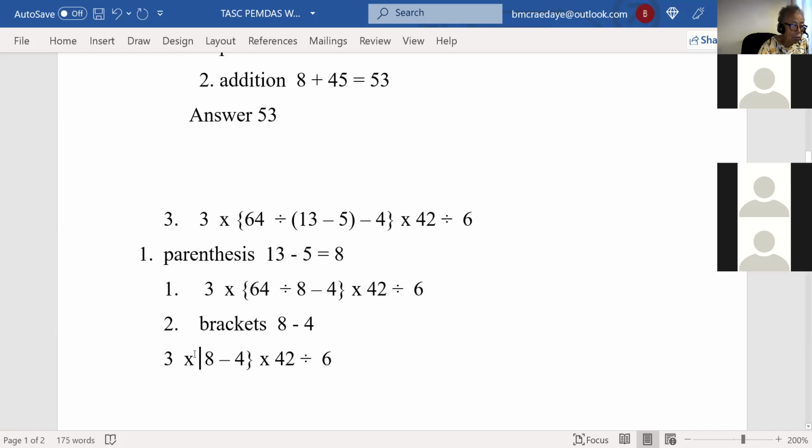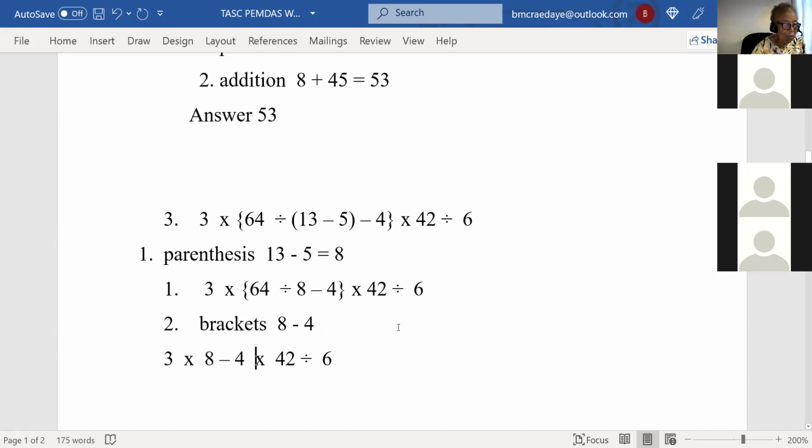So this is 3 times, and you said 8 minus 4, right? So let's just take the brackets out: 8 minus 4 times 42 divided by 6. Okay, so what do we do next? We took the brackets out, and what do we have left? We have multiplication, we have division.